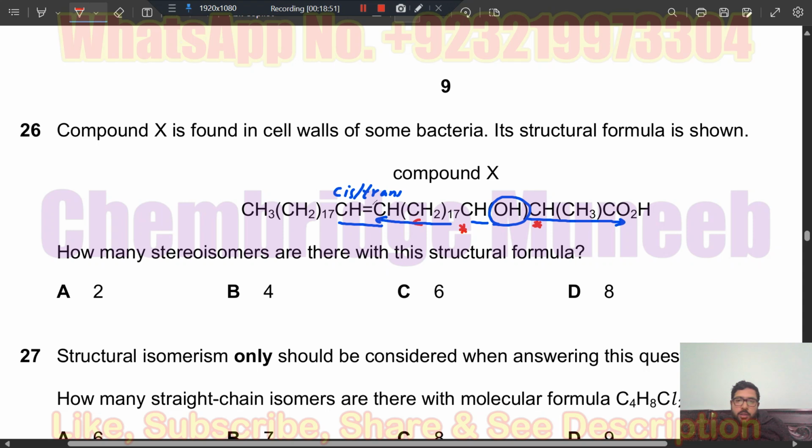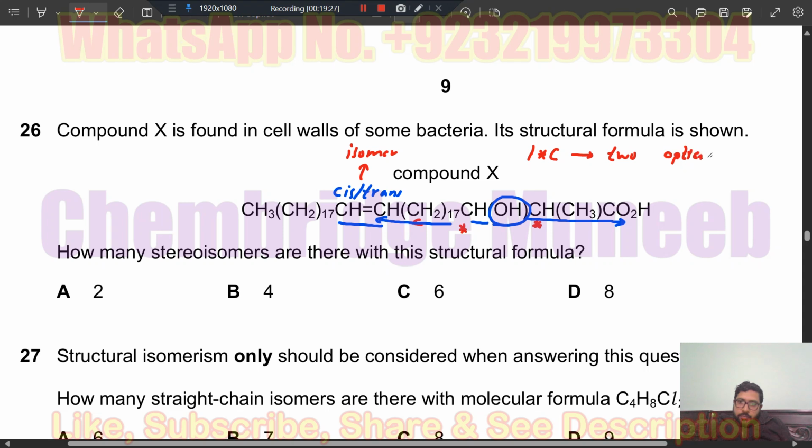Now we have 3 different situations. We have 1 cis trans, and then we have 2 optical isomers. We have 2 asymmetrical carbons. As we know, if there is a carbon to give cis trans or geometrical isomer, we get two isomers as a result of this one, and we get 2 optical isomers because of one asymmetrical carbon.